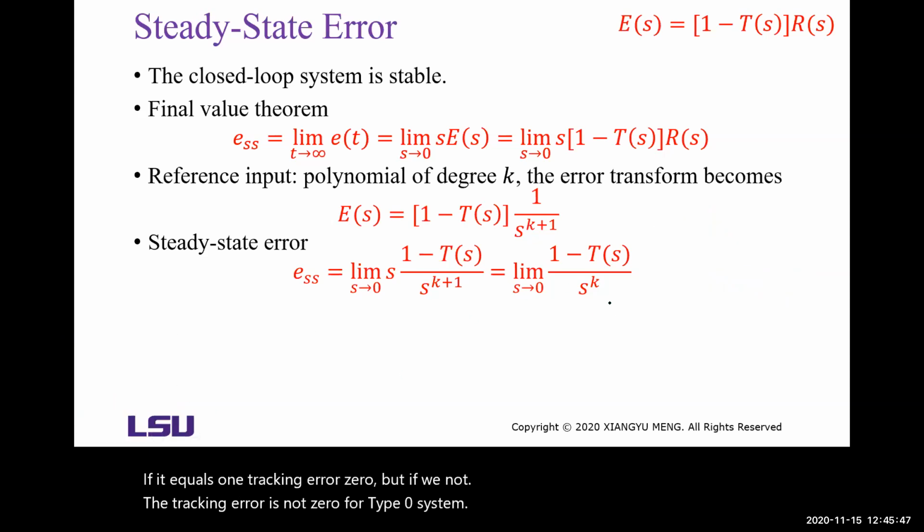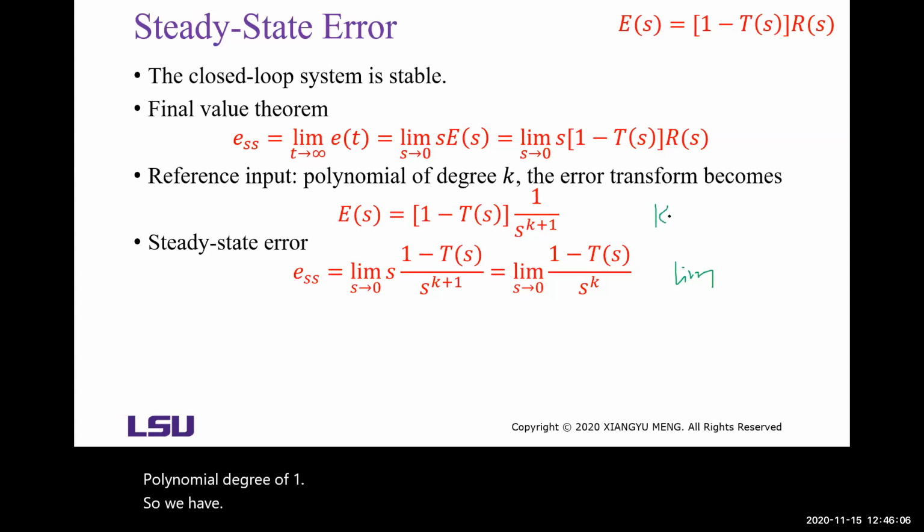Now let's consider a type 1 system. For a type 1 system, the reference input is a polynomial of degree 1, so k is 1.